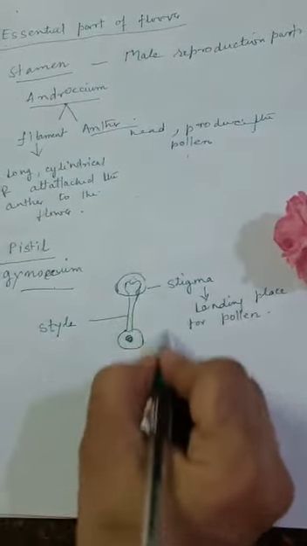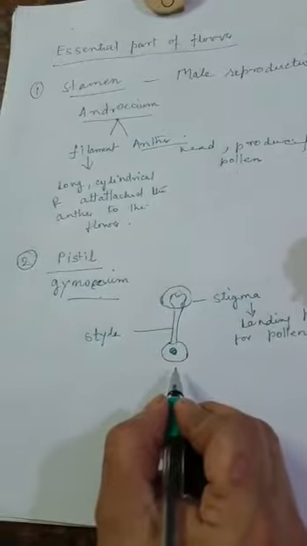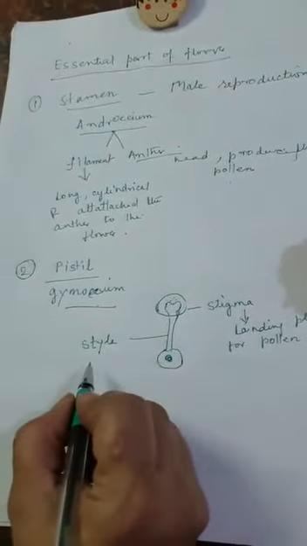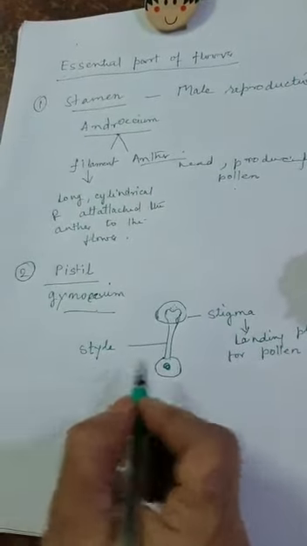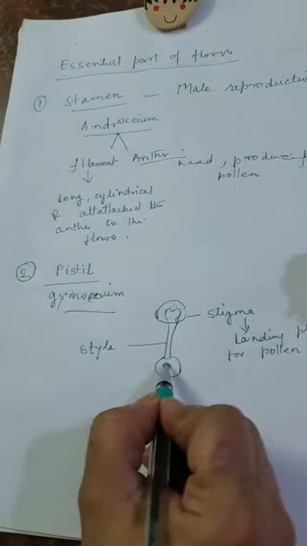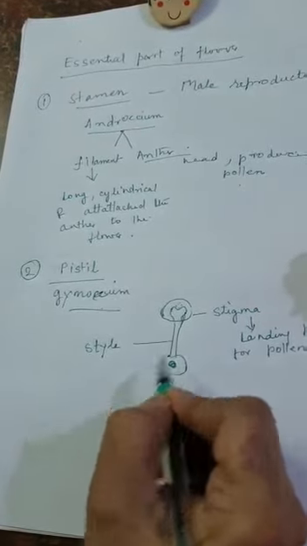This is the structure of pistil. Pistil is the female reproductive part of the flower. Style holds the stigma in position and connects it to the ovary.